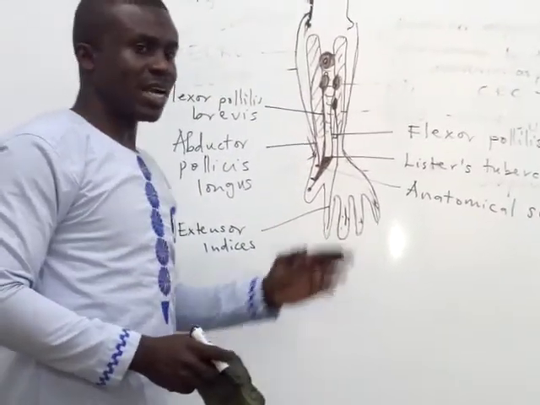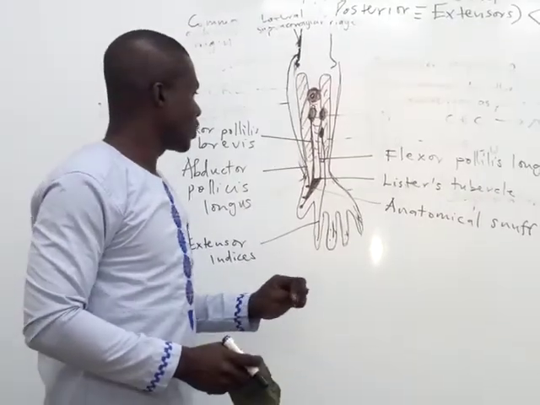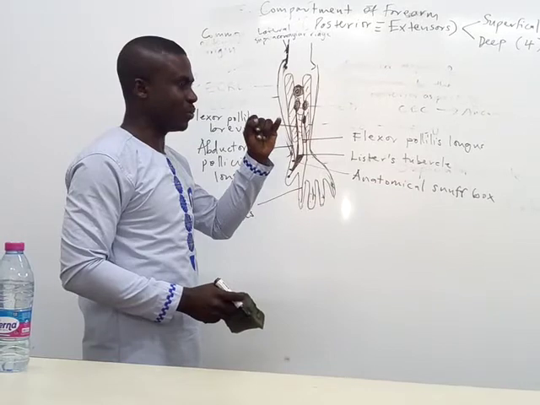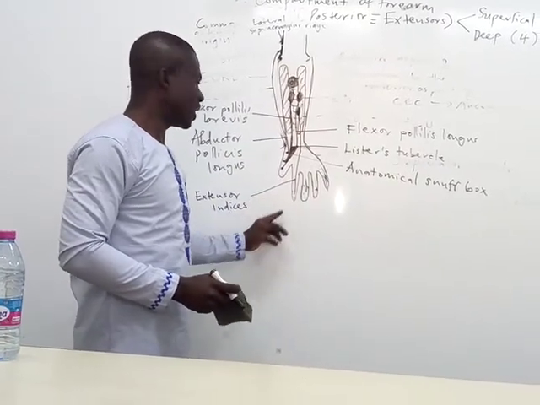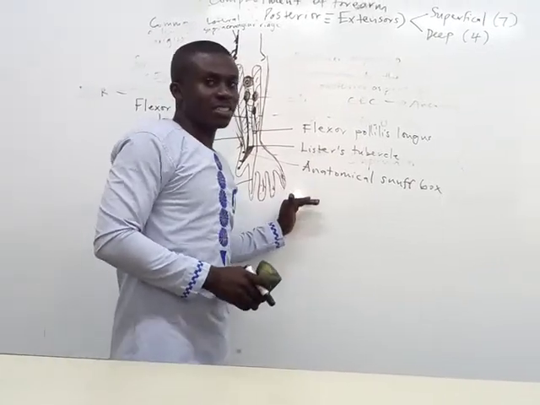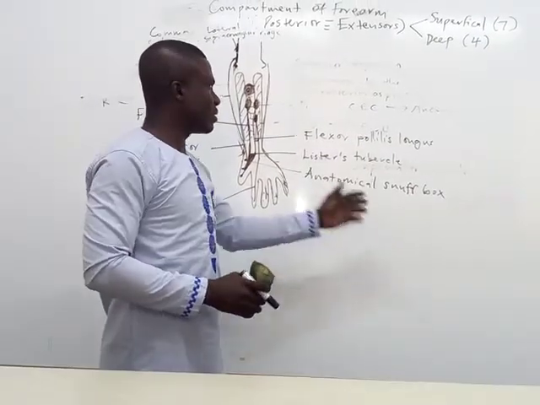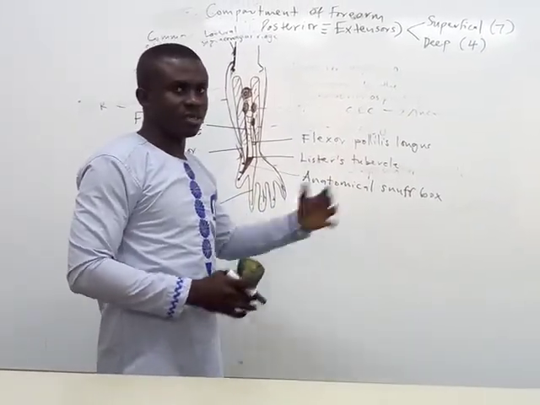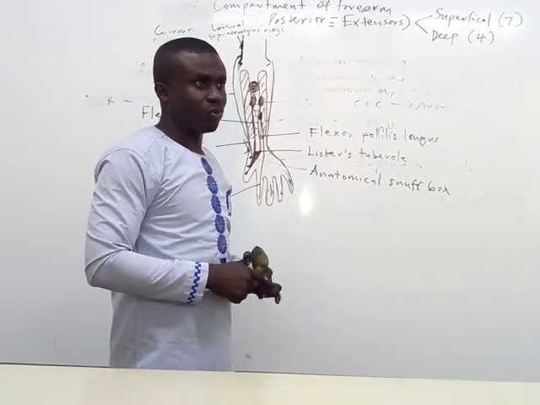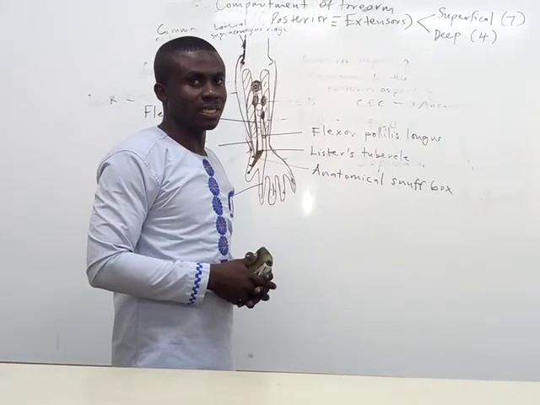So it means there are additional tendons for extension of the little finger, which is in the superficial group, and for the index finger in the deep group. Ladies and gentlemen, all these extensors of the forearm are supplied by what we call radial nerve, and we will go to the hand in our next section. Thank you.